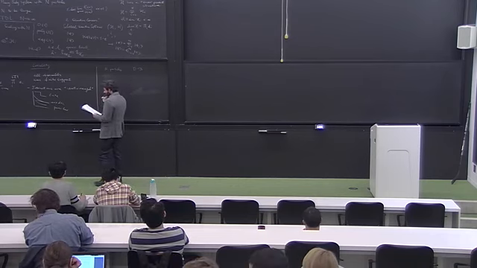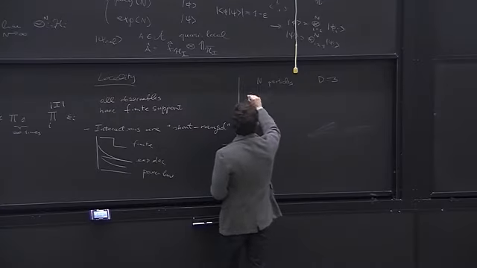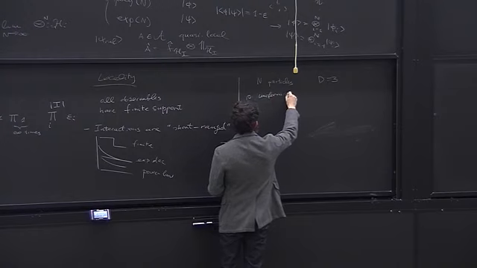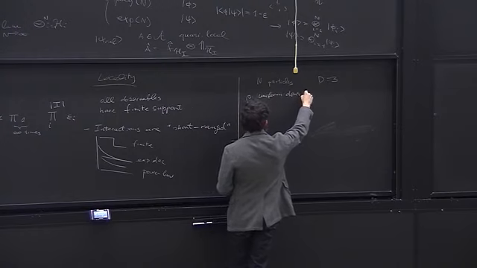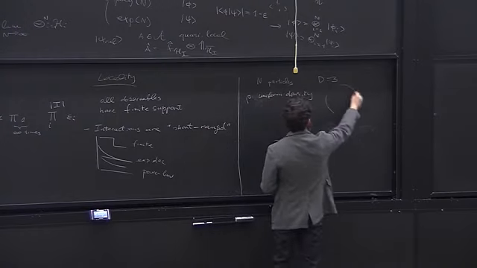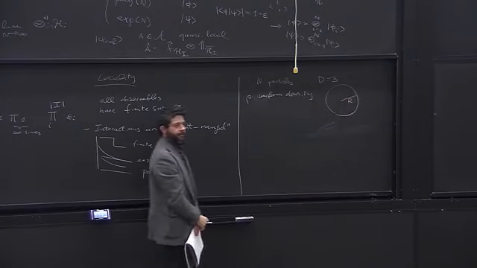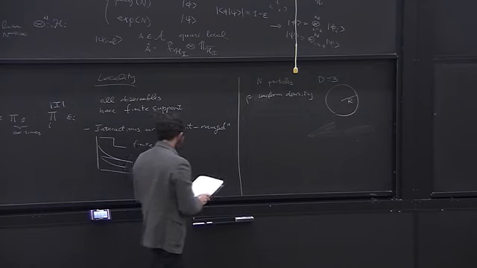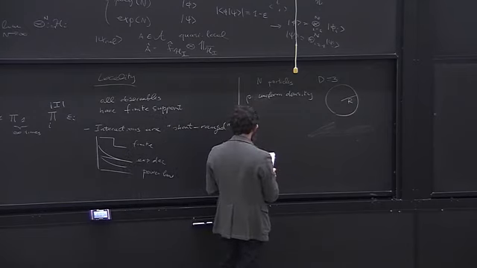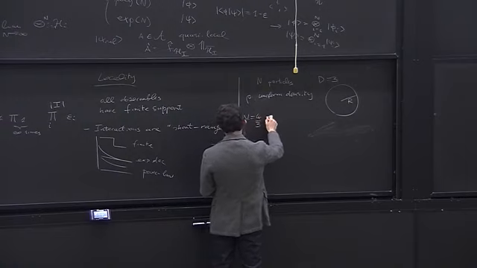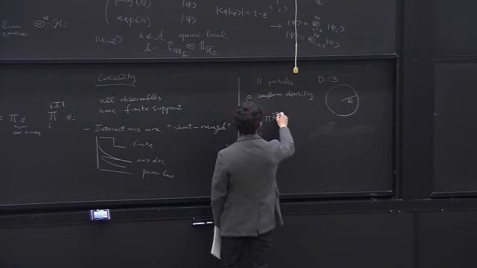They have some uniform density rho, and they are in a sphere of radius R, so that, of course, N is equal to 4/3 pi R cubed rho.